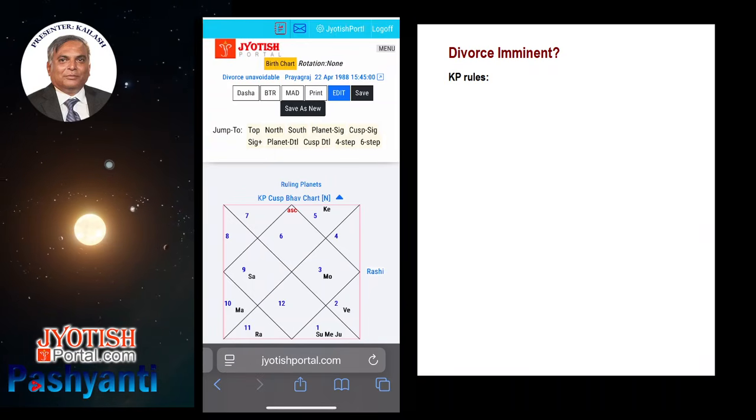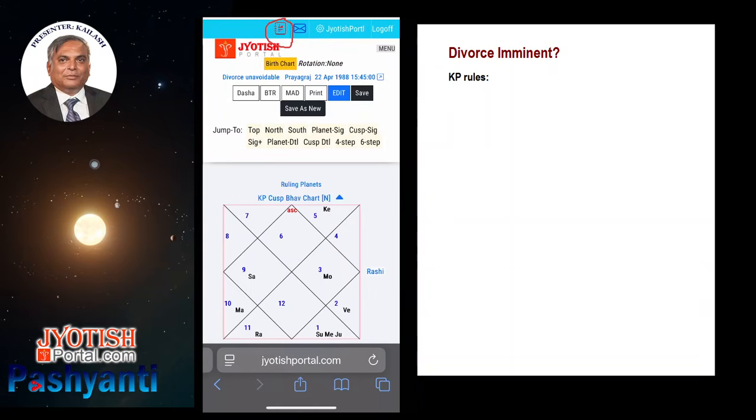Now, many of you who have been using the Jyotish portal on your smartphone will notice that there is an icon that appears over here.